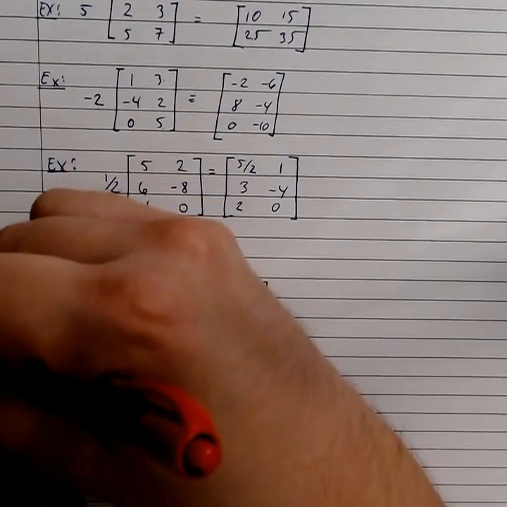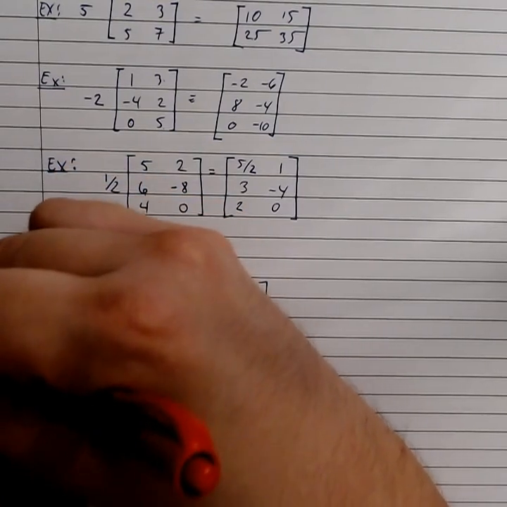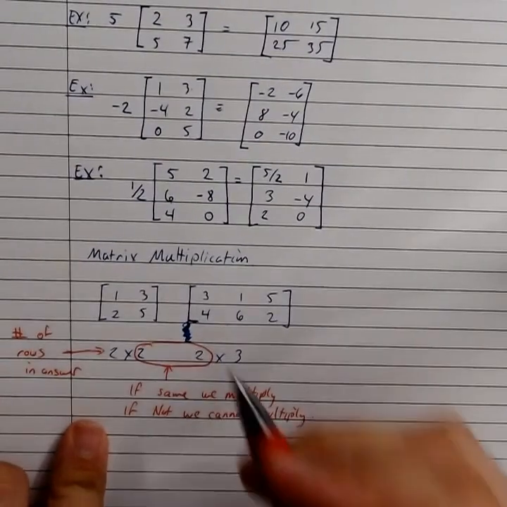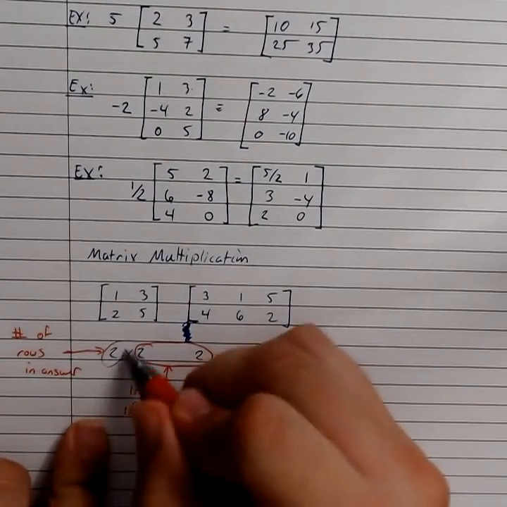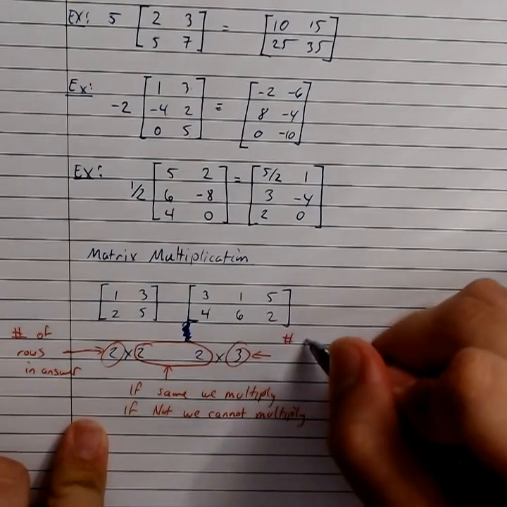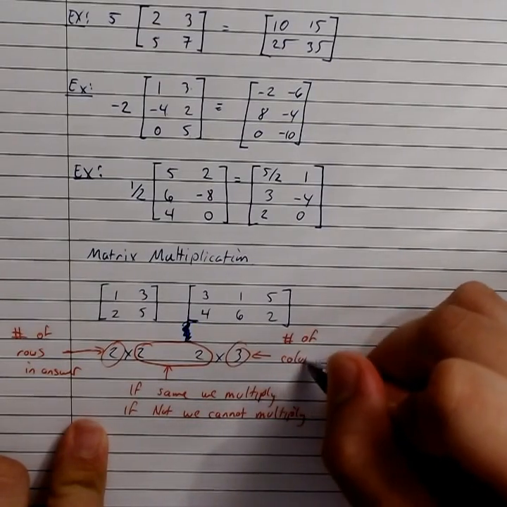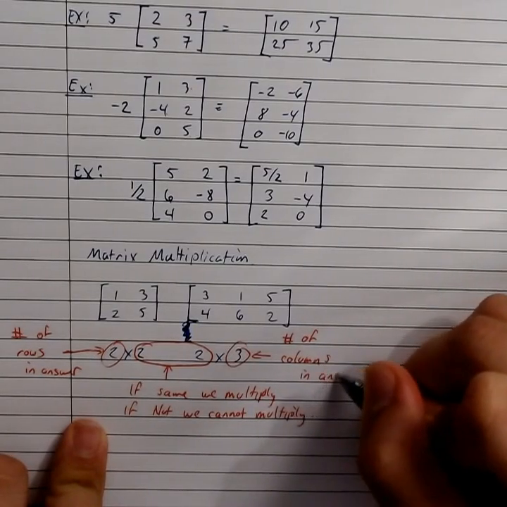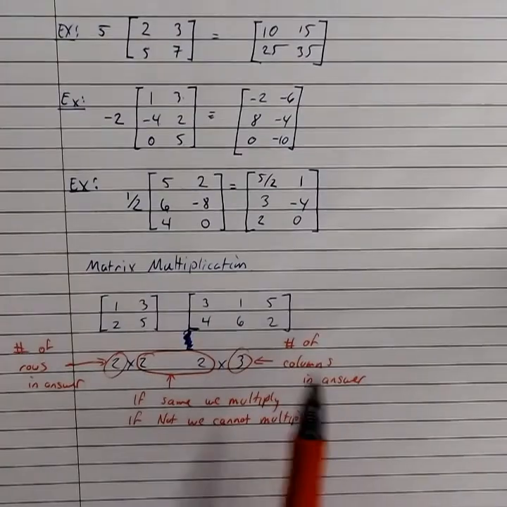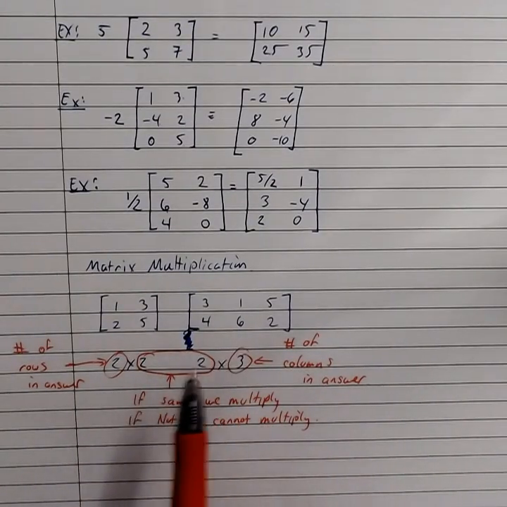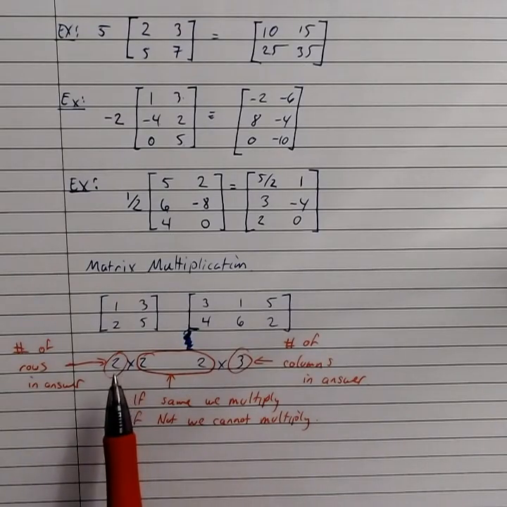This number right here tells you the number of columns in your answer. So what that means is that this matrix times this matrix, when you multiply those together, you're going to get a 2 by 3 matrix.